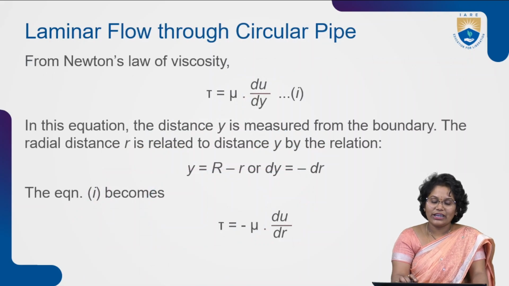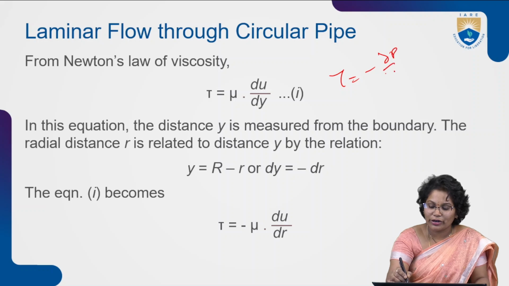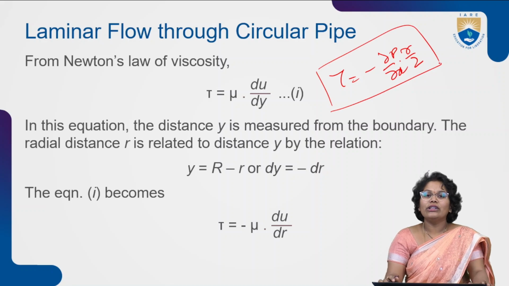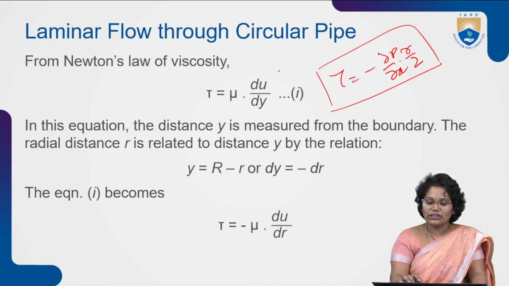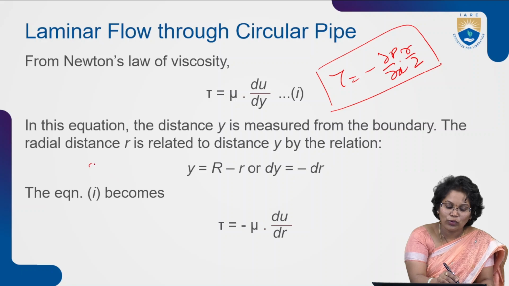So we got the generalized equation that tau is equal to minus dou p by dou x into r by 2. Now, using Newton's law of viscosity, tau is equal to mu into dou u by dou y. Here we have to take two conditions.